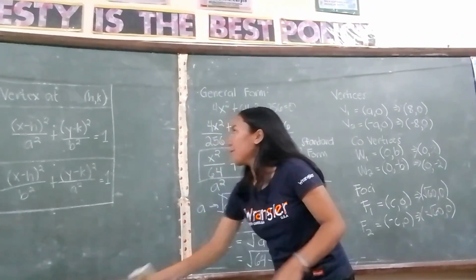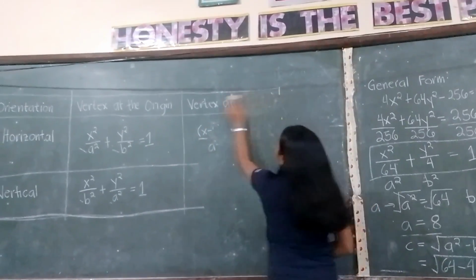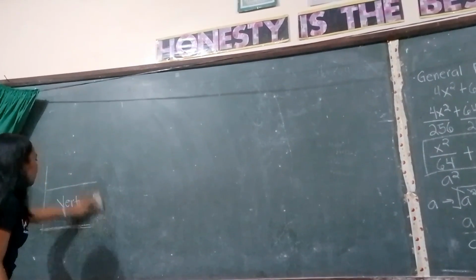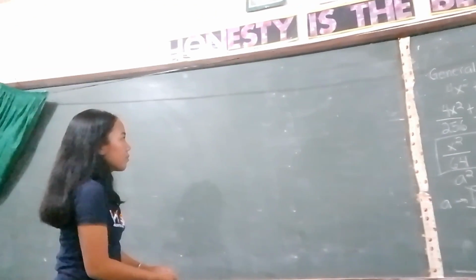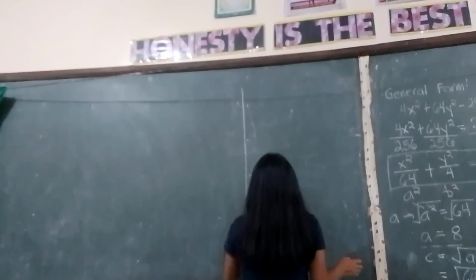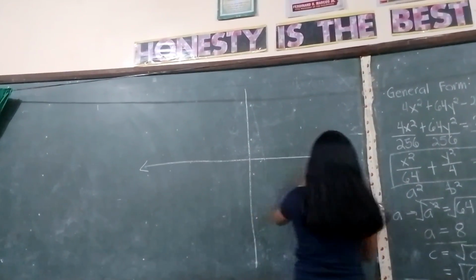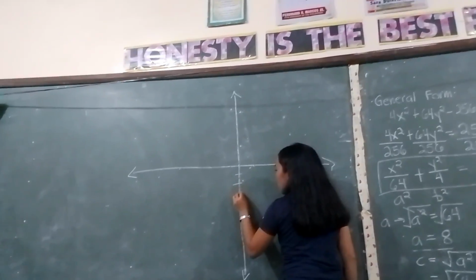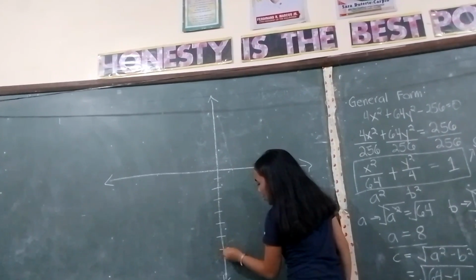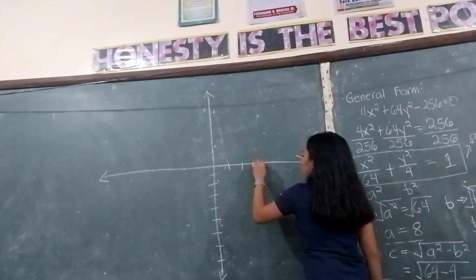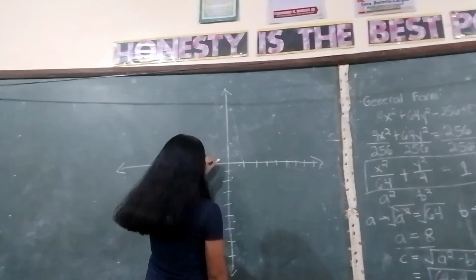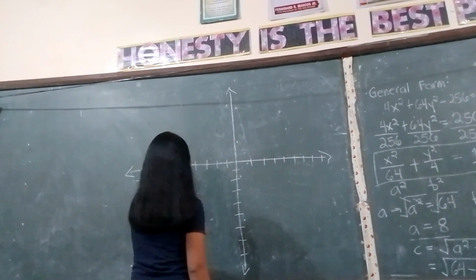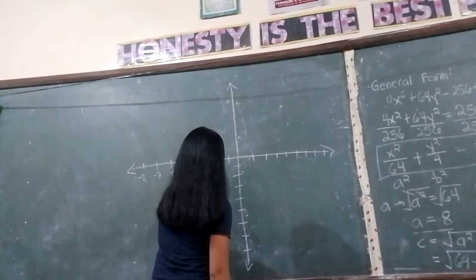So let us have here our graph. Just imagine that this is a rectangular coordinate system. 1, 2, 3, 4, 5, 6, 7, 8, and we also have negative 1, 2, 3, 4, 5, 6, 7, 8.